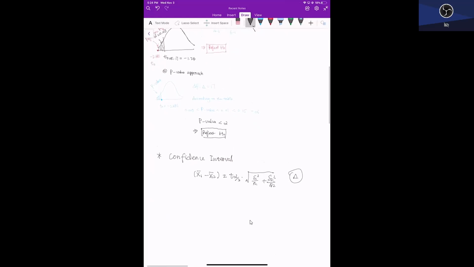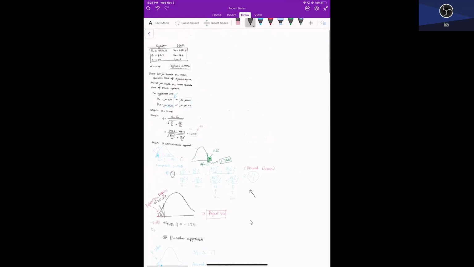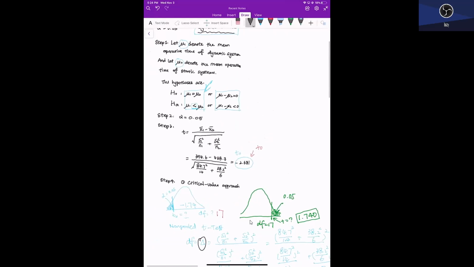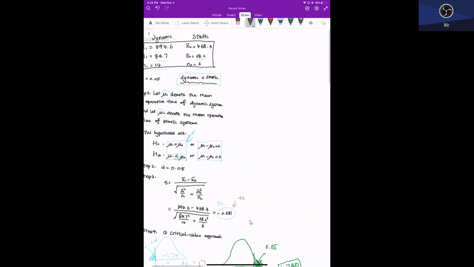According to this, it is easy for us to figure out the same thing. We have x1, x2, s1, s2, n1, n2 according to the information given in the problem.